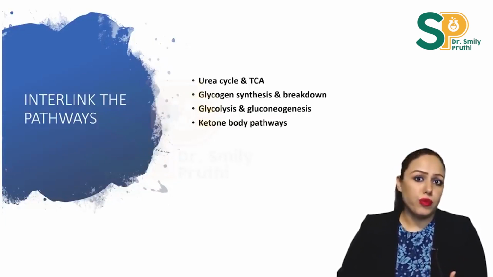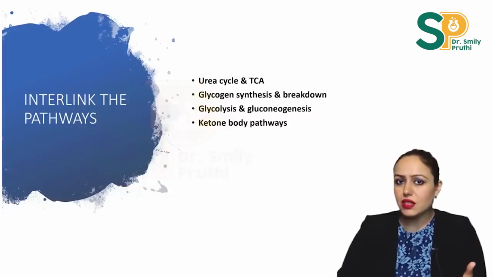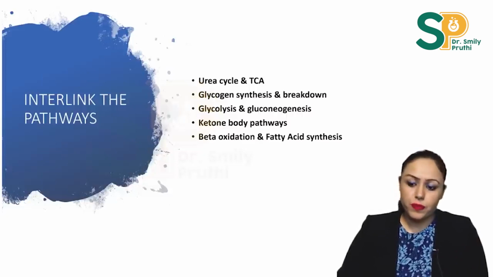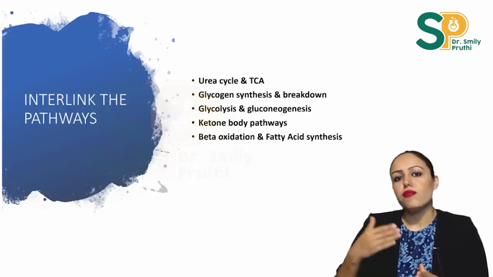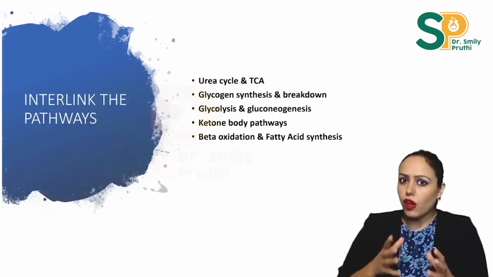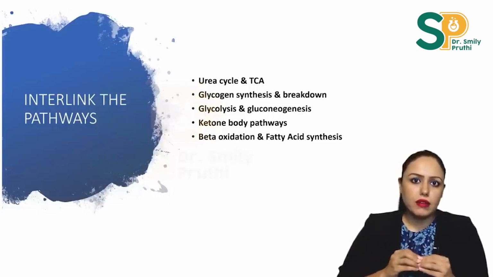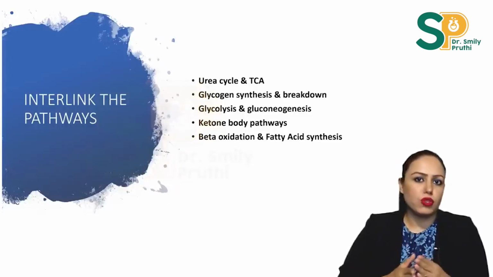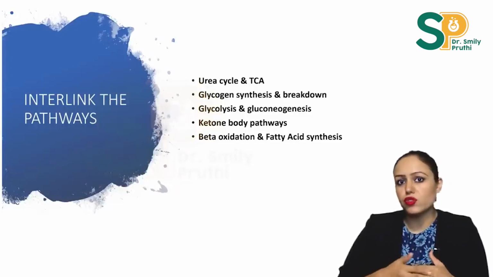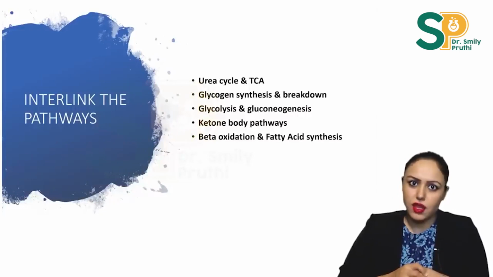Then ketone body pathways, ketone body synthesis and ketone body breakdown both occur in mitochondria. Then beta oxidation of fatty acids and fatty acid synthesis. You have to do these pathways very clearly, because usually students get confused between the steps of beta oxidation and fatty acid synthesis, right?